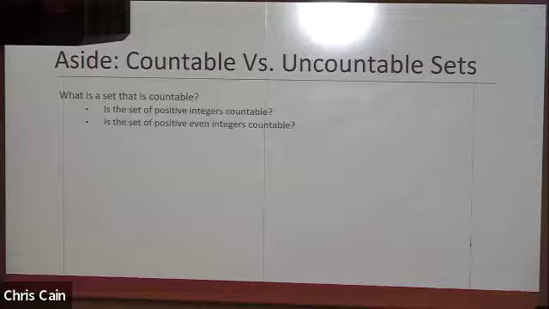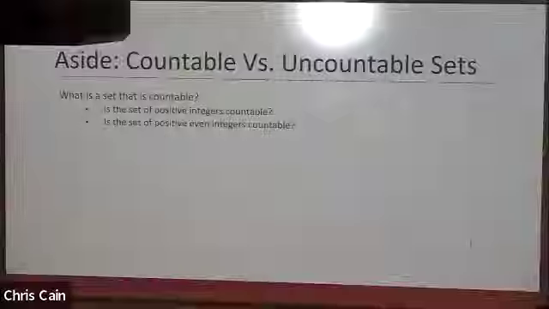Loop that process forever, and you would eventually hit any particular even integer query. You won't hit all even numbers if you define a certain amount of time or a certain number of iterations this process runs. We don't exhaust this infinite set, but you can't give me an even positive integer that we wouldn't eventually reach. So it is countable.